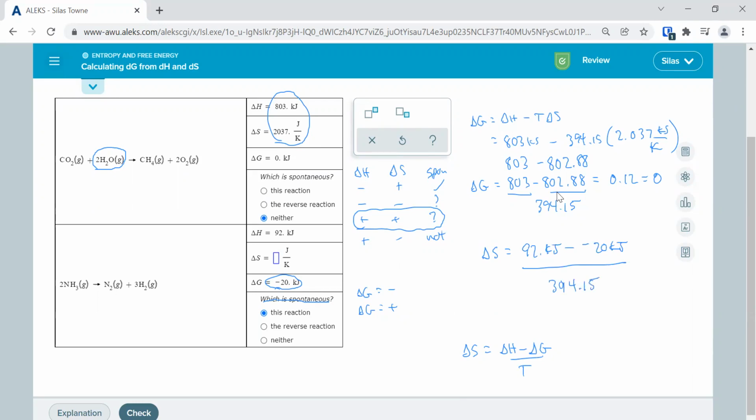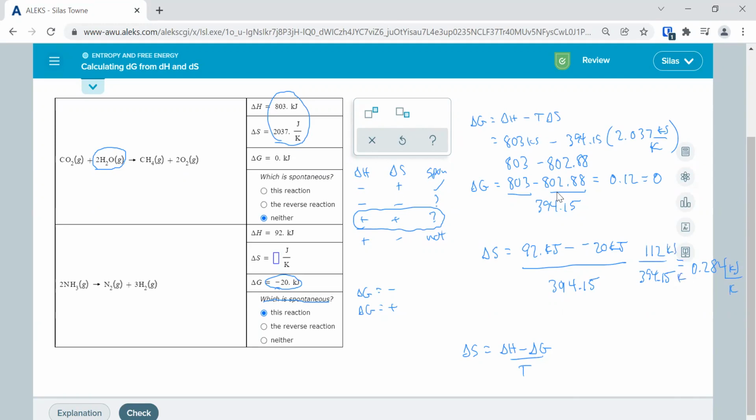So I'm going to go 92 plus 20 divided by 394.15. So I get 112 over, so it looks like I have 3 significant digits. I get 0.284, and now that's kilojoules per Kelvin.